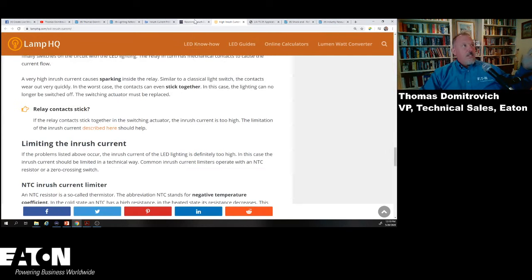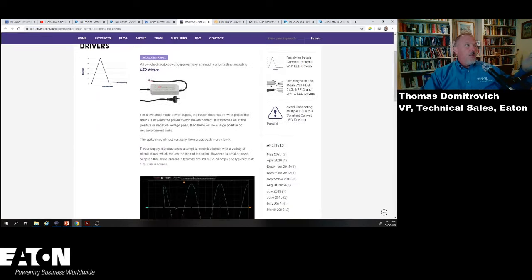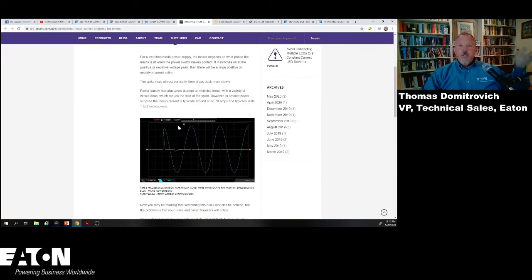So I put these links out here as references for you to just help you understand inrush currents around LED lights. If you had this question in your head about special breakers, it's probably because you've had some issues with tripping a circuit breaker or opening a fuse based upon energizing those.